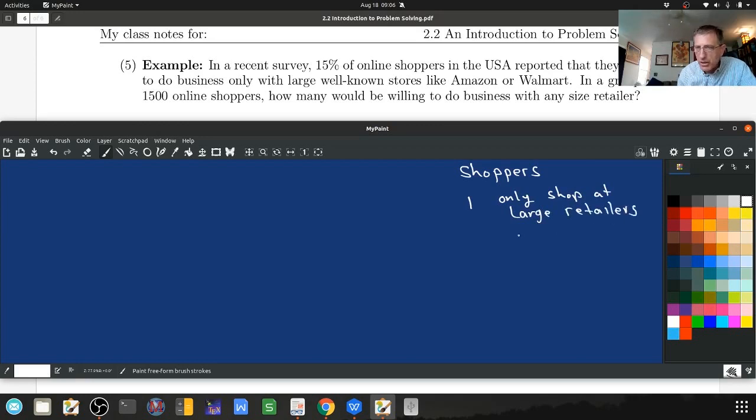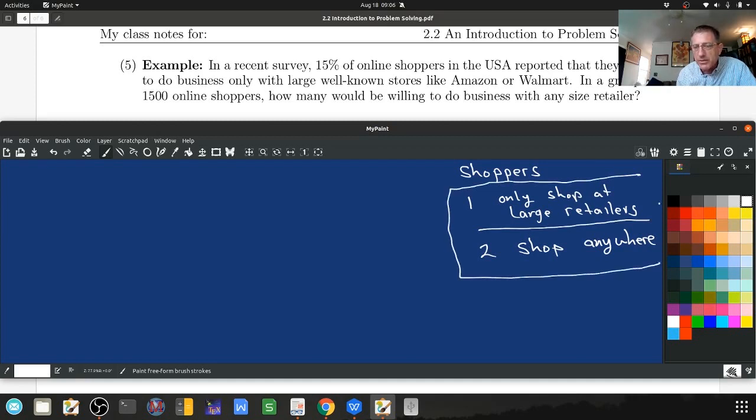That's it. They don't shop anyplace else. And our group 2 is, we'll shop anywhere. And someone who will shop anywhere is not in the group that will only shop at large retailers. And if you're in the group that only shops at large retailers, then you cannot be in the group that shops anywhere.